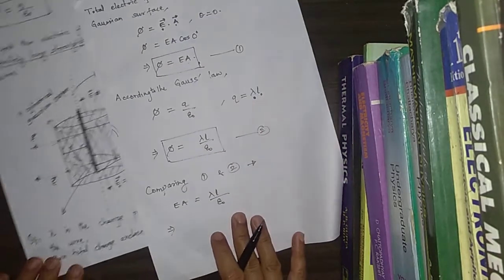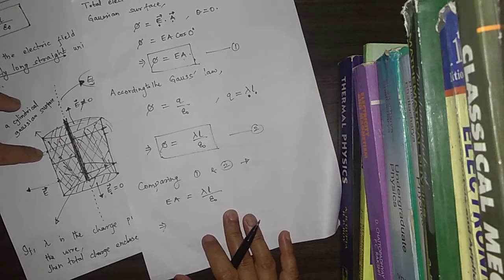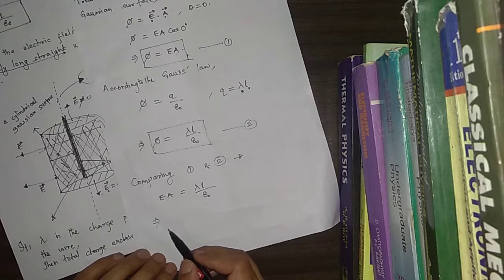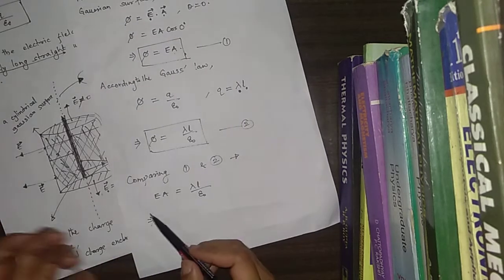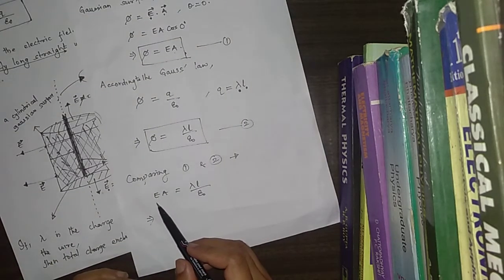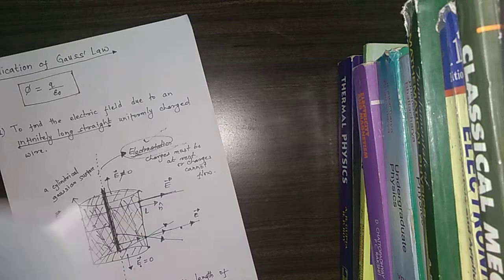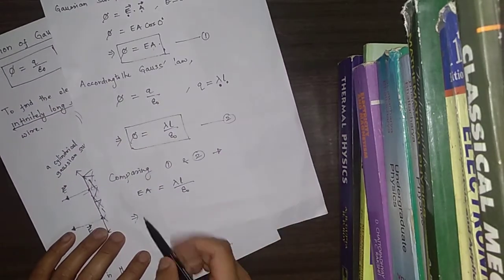Now what is E? E is the value of the electric field that we are going to calculate, because our sole aim is to calculate the electric field due to this infinitely long straight wire. So E we need to calculate here.